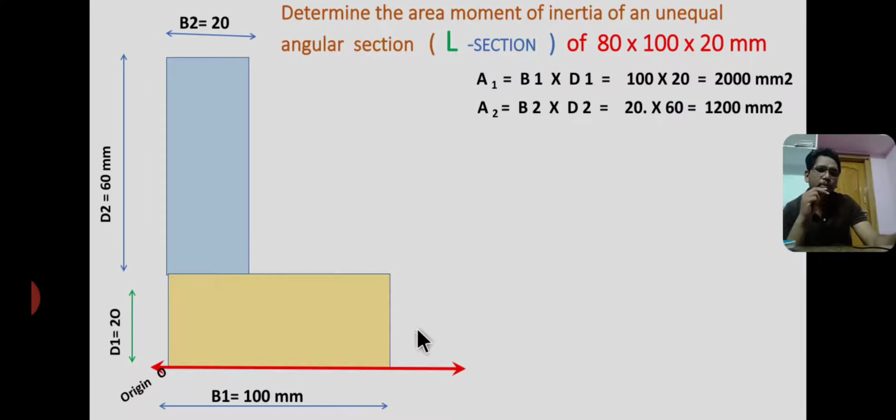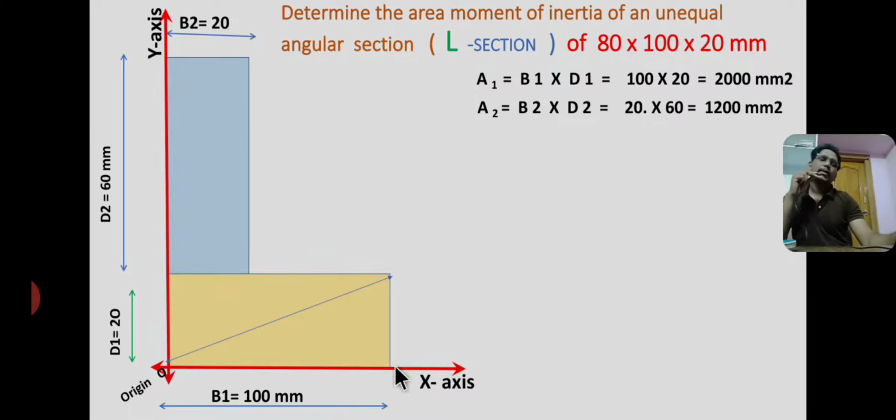Now I am drawing the reference axis. To locate the individual centroids, you have to draw diagonal lines. So I am drawing the diagonal lines, where C1 is the centroid of the bottom rectangle at a distance of x1 from the y-axis.